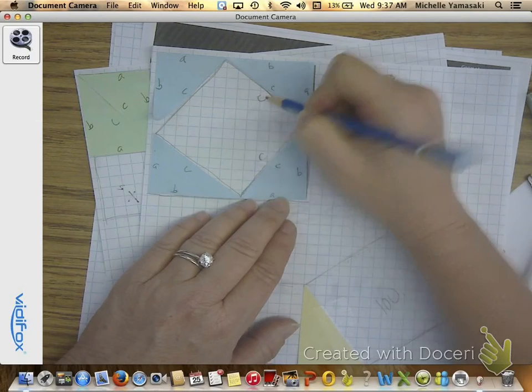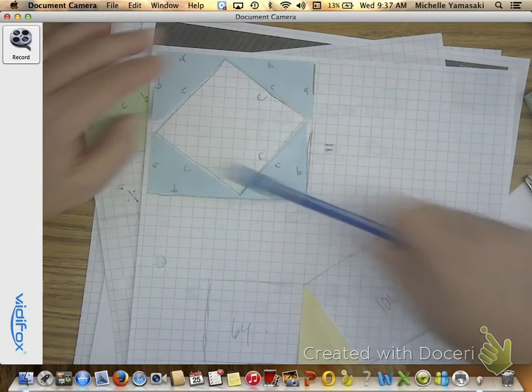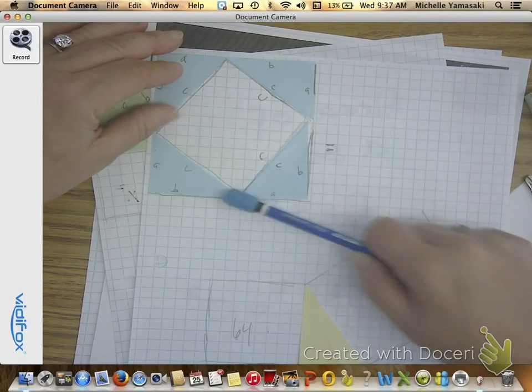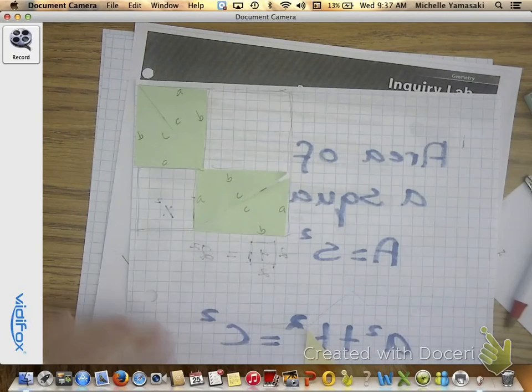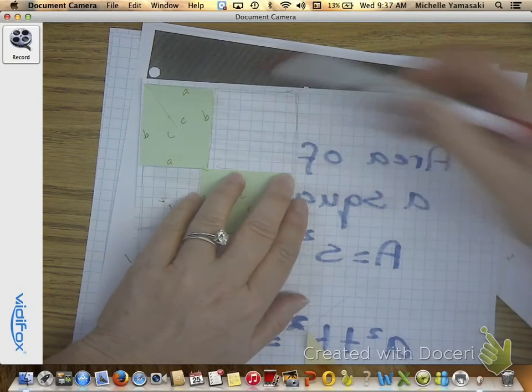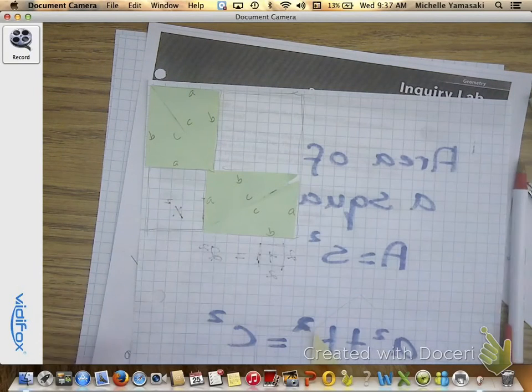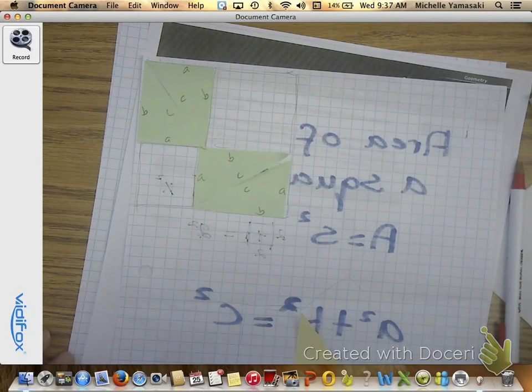C. Good. Finish labeling your sides. So there's no question. I also might glue these down. Stick them down. Okay, label all sides, including here. You know, we don't know this, but we know this, and they have to be equivalent, so label those sides. Now pause the recording and label.